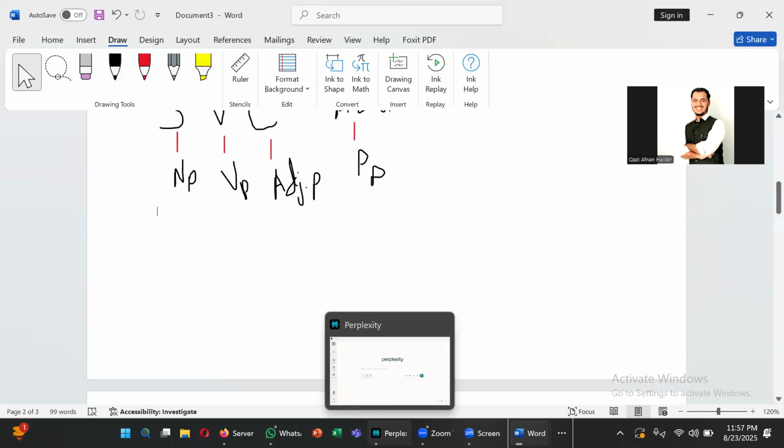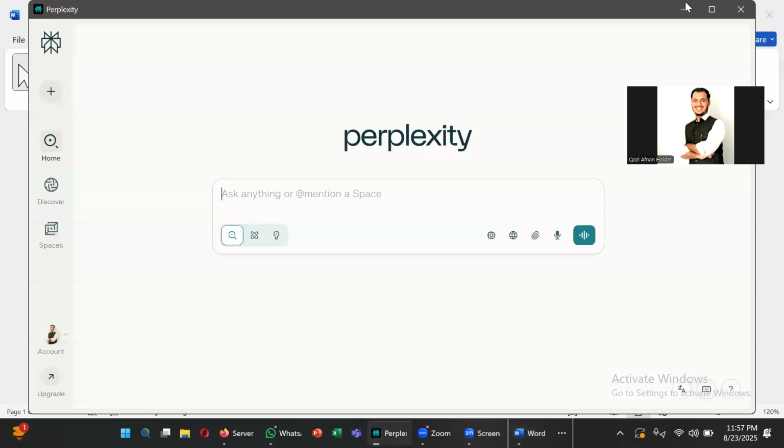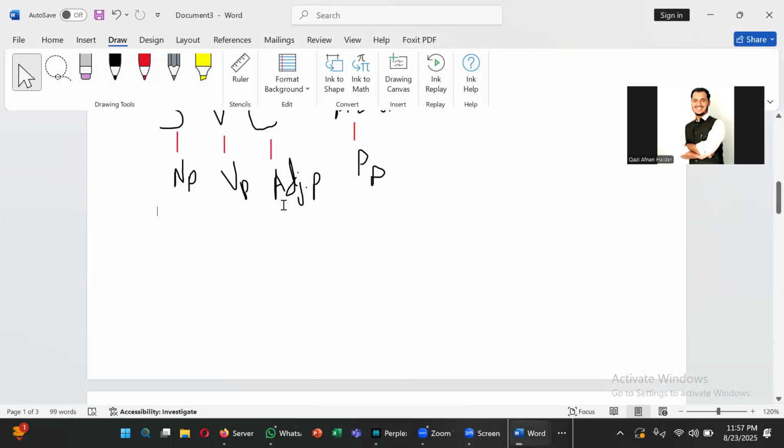Here, she is a noun phrase. And she is a pronoun. So it is called pronoun. Which pronoun? Personal pronoun. In personal pronoun, subjective pronoun.